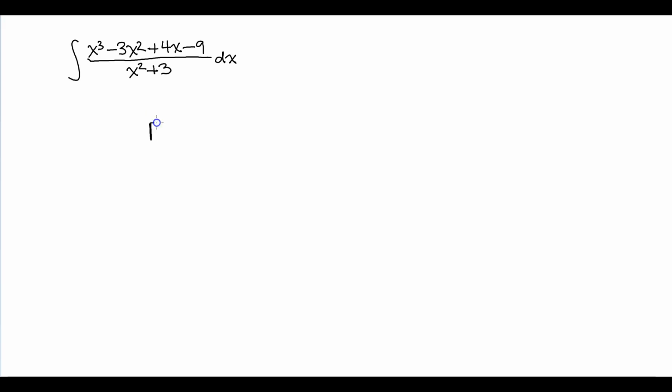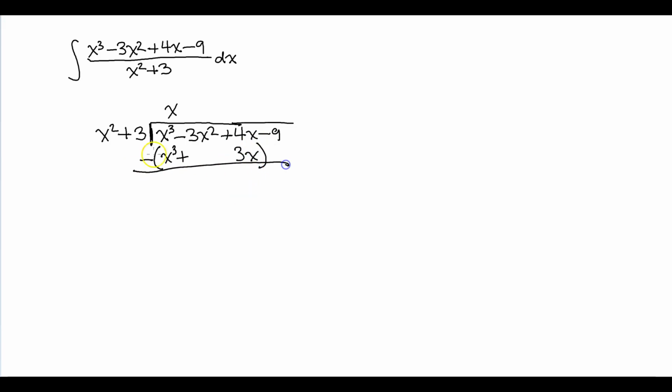Well, if you remember way back in algebra class about polynomial division, then it will really help. So let's divide these two polynomials using long division. Here we're going to multiply by x, and we get x cubed plus 3x.